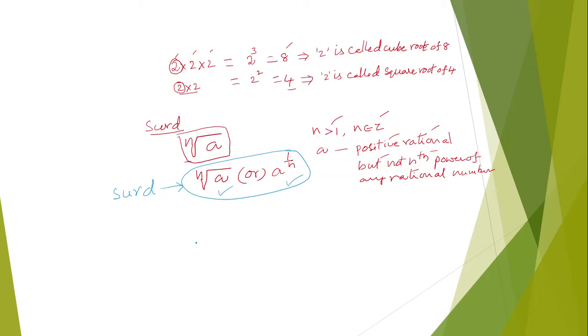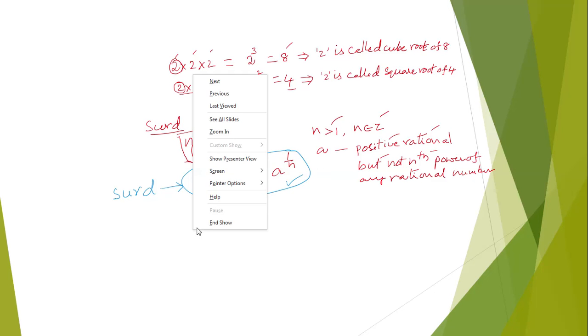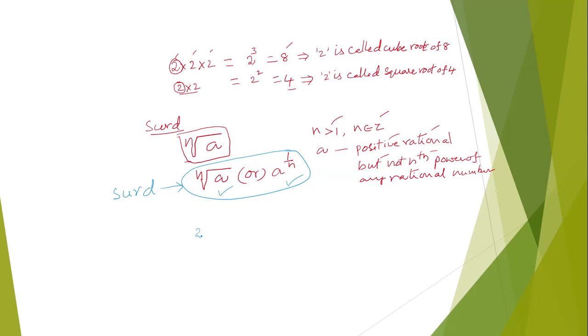For example, you may take the square root of 5. Here you observe the square root, this is n. Here 2 is n. It is a positive integer which is greater than 1.